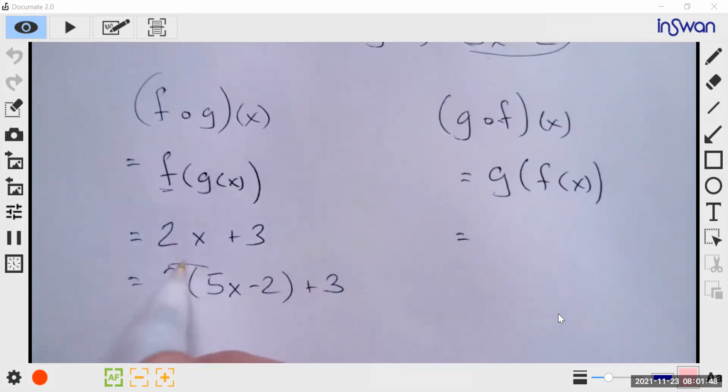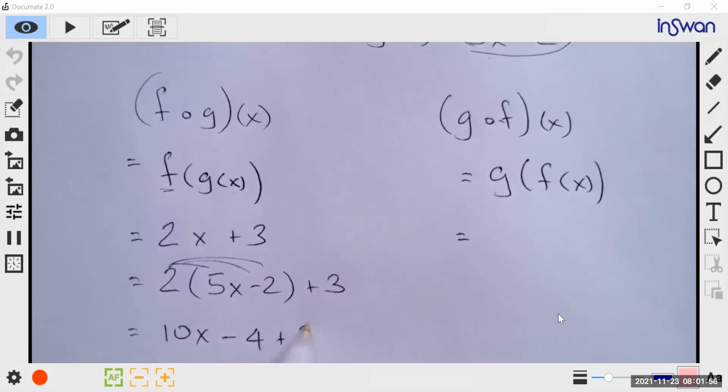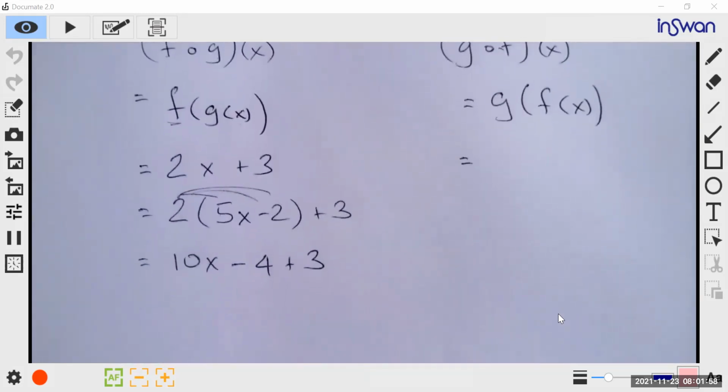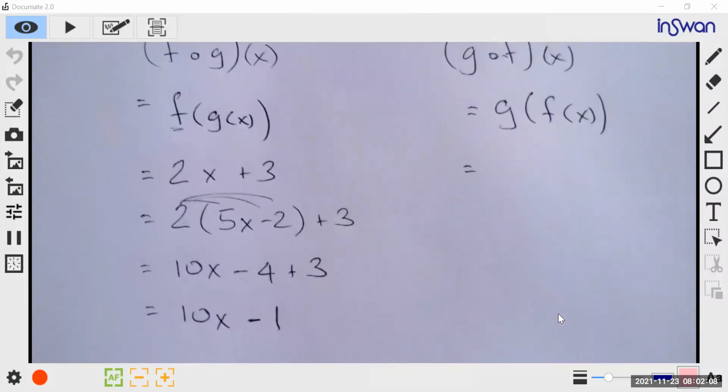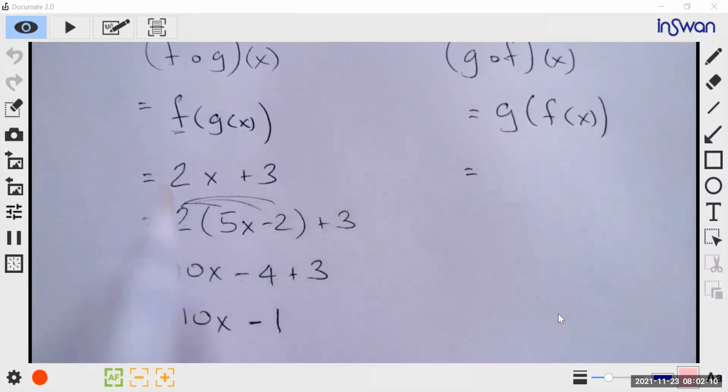And I work it out. 2 times 5 is 10x. 2 times negative 2 is negative 4. Combine like terms. Negative, positive, 4 is bigger, so it's negative. 4 minus 3 is 1. So f of g equals 10x minus 1.